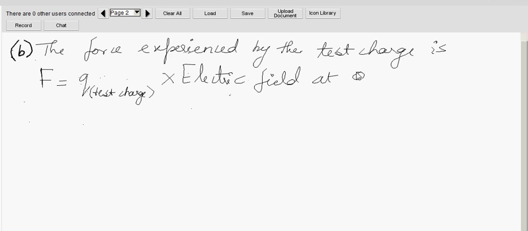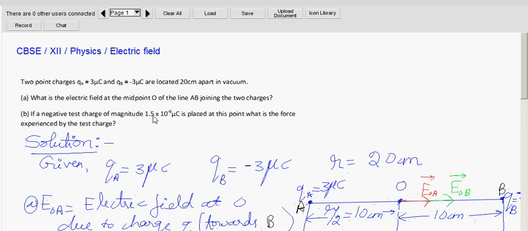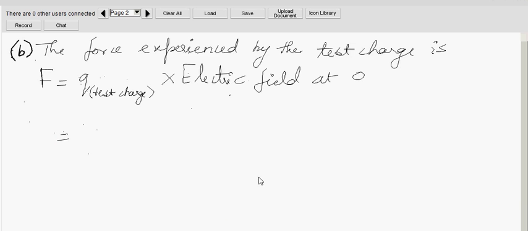Because we know force is Q into E, or E electric field is force by Q, force per charge. The magnitude of the test charge is 1.5 into 10 to the power minus 9 Coulomb. If you go back and see, it is 1.5 into 10 to the power minus 9, and the electric field we got as 54 into 10 to the power 5.